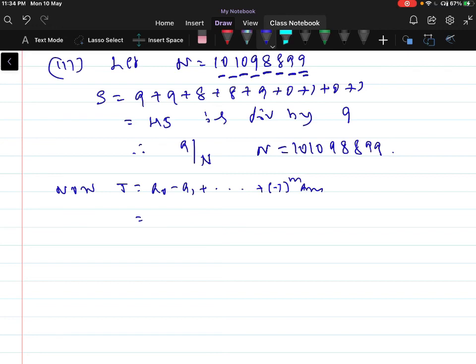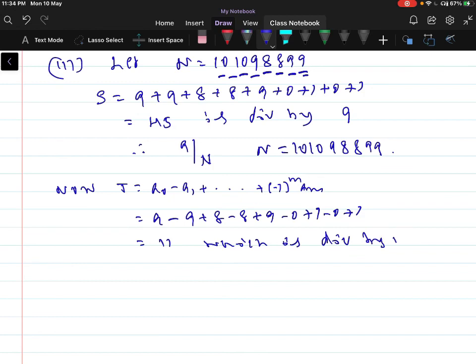So that is 9 minus 9 plus 8 minus 8 plus 9 minus 0 plus 1 minus 0 plus 1. So this is equal to 11, which is divisible by 11 also. So this implies 11 divides the number n, where n is equal to 1010988899.